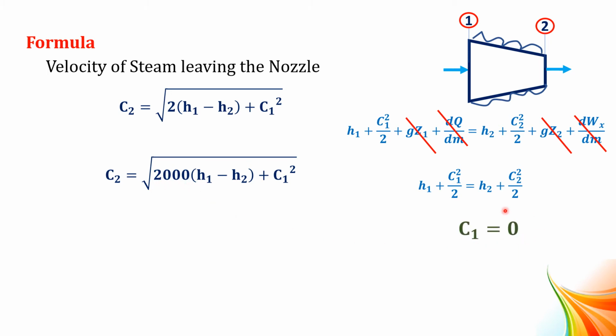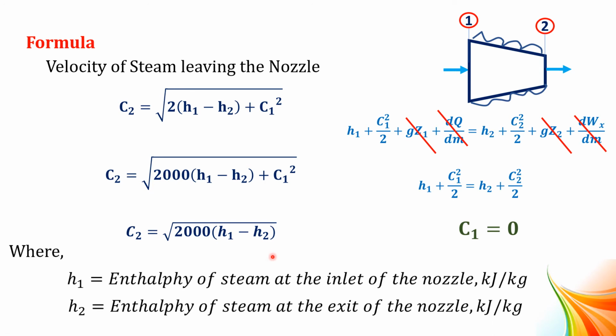In our problem, the initial velocity C1 is neglected. Therefore, this equation reduces to C2 equal to square root of 2000 into H1 minus H2, where H1 is the enthalpy of steam at the inlet of the nozzle in kilojoule per kilogram and H2 is the enthalpy of steam at the exit of the nozzle in kilojoule per kilogram.